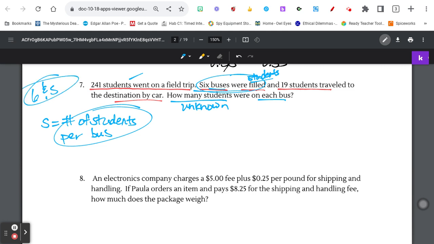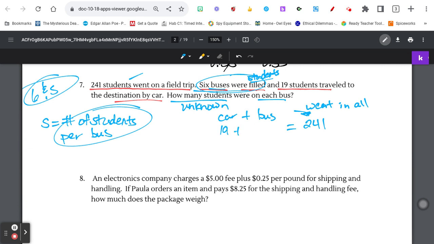All right, so let's see. Let's set up our equation. Well, how many students went in all? Well, 241 students went in all. Okay, so let's see. How many of them went by the car? So 19 went by car, and then plus so many of them went by bus, and that gave you a total of the 241.